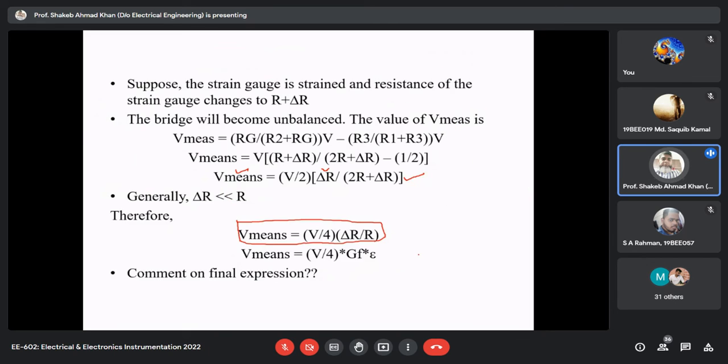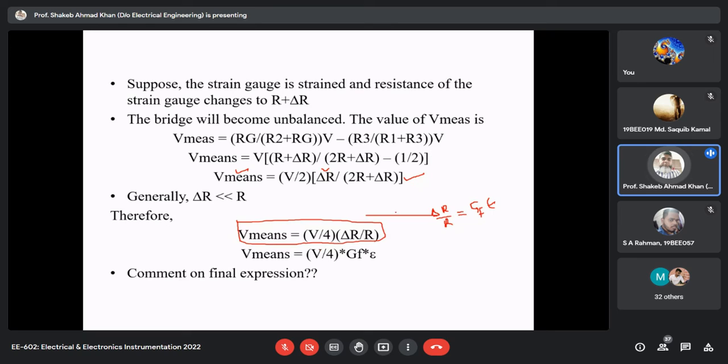You know delta R upon R in case of strain gauge, that is a fractional change in resistance, is equal to gauge factor times strain. Is it fine to all of you?